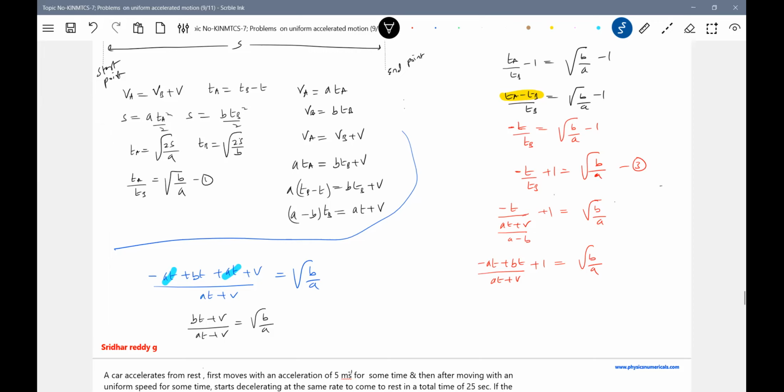Okay, so further I have to go for one more step. Root A into BT plus root A into V is equal to AT root B plus V root B.